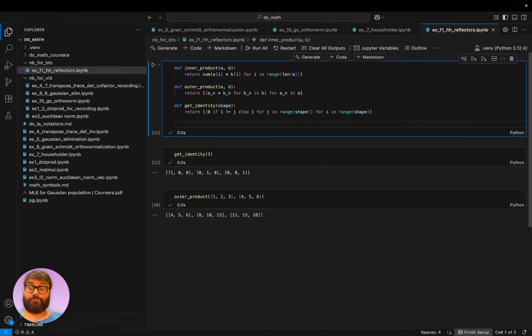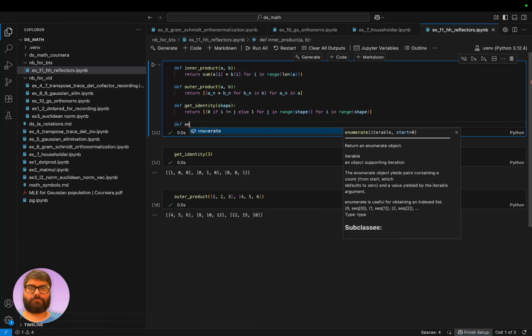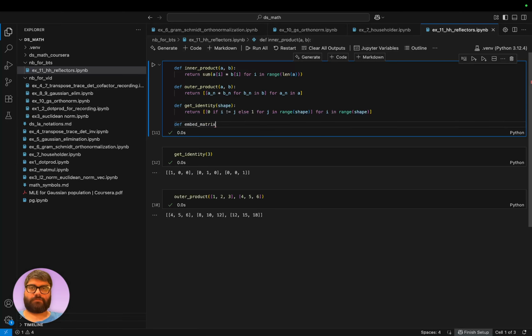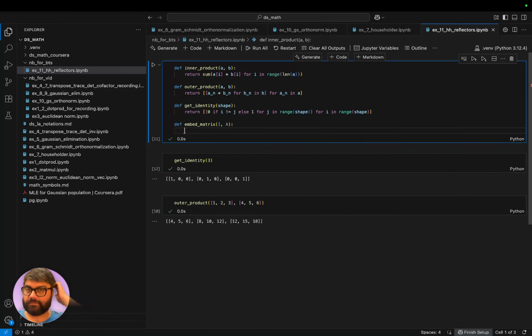A little bit of new little zhuzh. Let's do embedding of matrices, which we will have to do at some point.